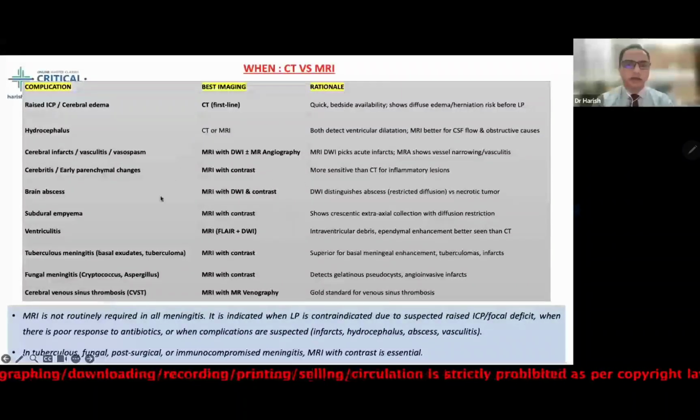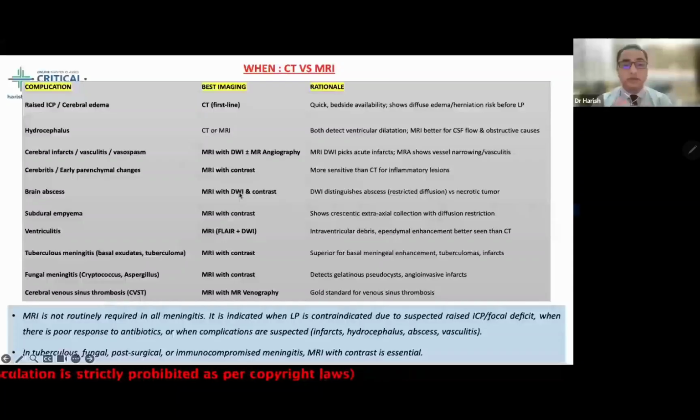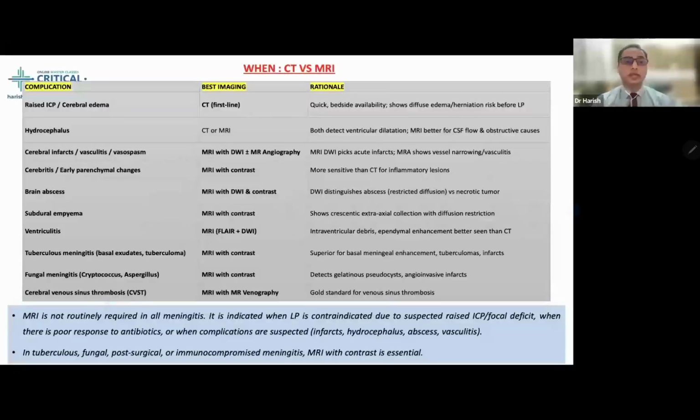This table gives a fantastic idea of the best imaging: CT versus MRI, MRI with contrast, diffusion weighted imaging, MR angiography. In relation to the suspected complication, we can choose the imaging modality. Go through this table quickly, CT versus MRI, when to consider which one. Very important practical aspect.